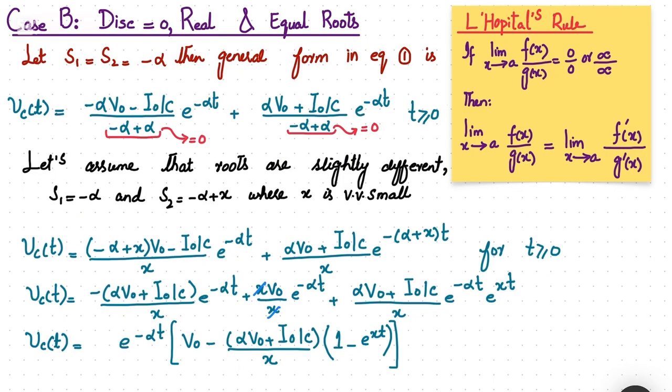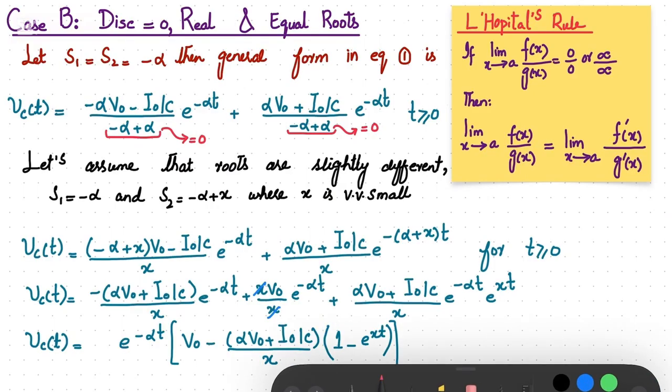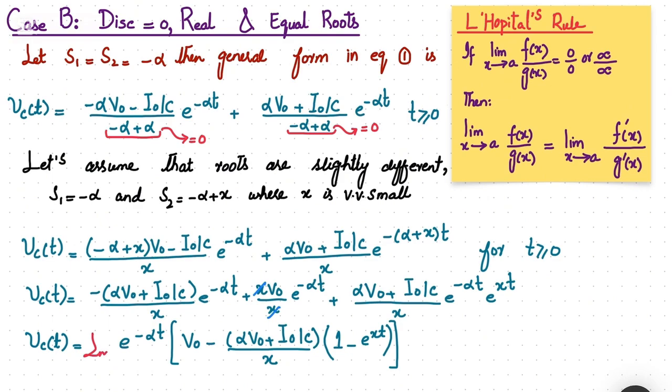So in this equation, the 0 over 0 form is basically due to this factor. This factor is 1 minus e raised to power xt over x, because we know that x is very very small. When we insert the limit x approaches 0, this term basically reduces to 0 over 0 form. It means we can apply L'Hopital rule on this term.